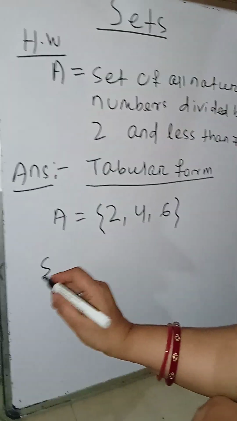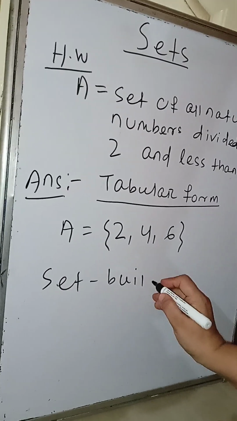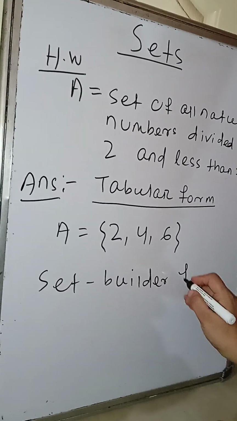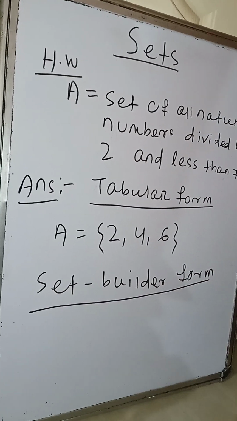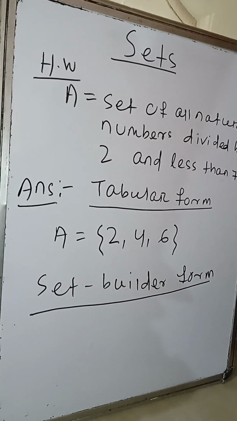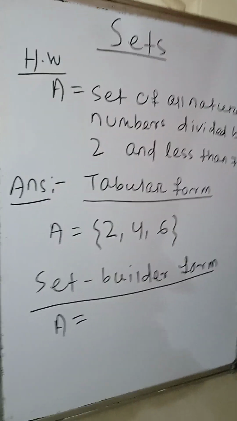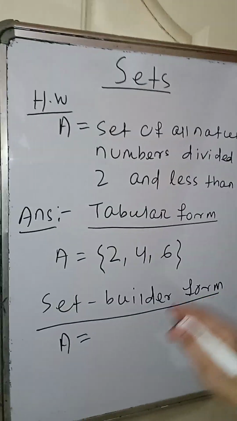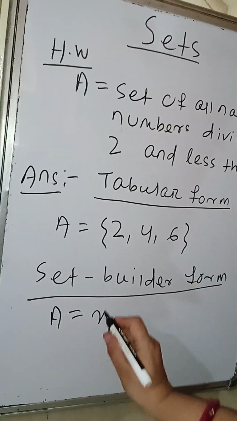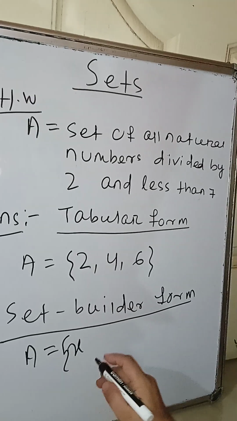Now we'll write the same set in set builder form. In set builder form, you have to write the set using a common property for each element present in that set. As already said in the previous class, the element in general will be taken as x. Let us start with a curly bracket.